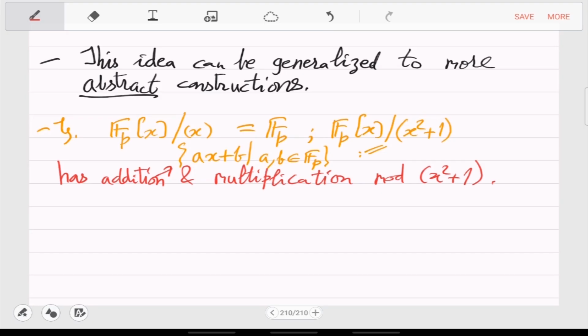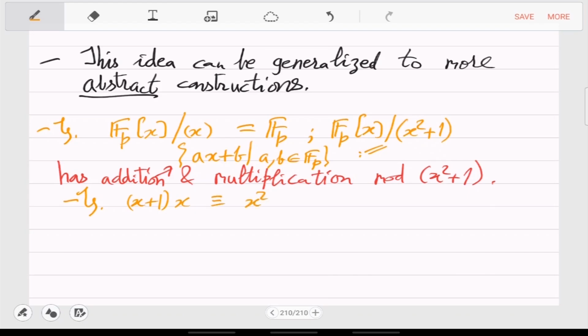Obviously you know how to add. Addition here is simple. ax plus b with a prime x plus b prime will just be a plus a prime, b plus b prime. The interesting thing is multiplication. When you multiply, you will potentially get a quadratic term x square, and then you will divide and reduce. For example, what do you think is x plus 1 times x?